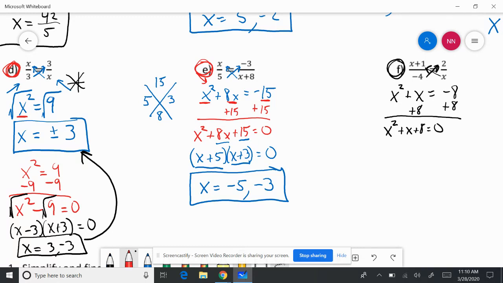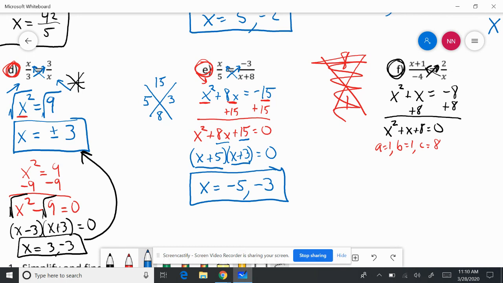Then we're going to factor it, but a lot of you have already noticed there is nothing that we can multiply together to give us 8 and add up to 1. So that means we have to use the quadratic formula. With the quadratic formula, our A value is 1, our B value is 1, and our C value is 8.